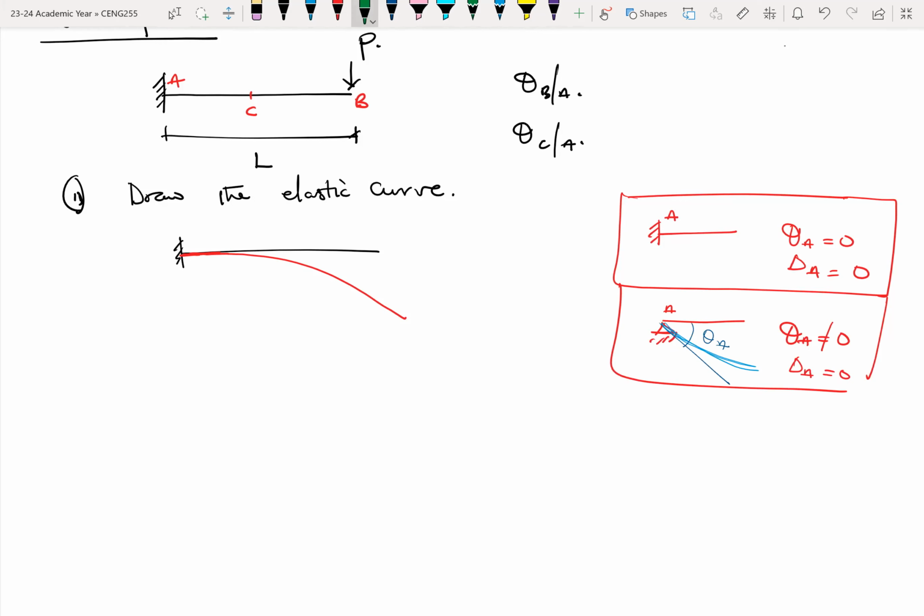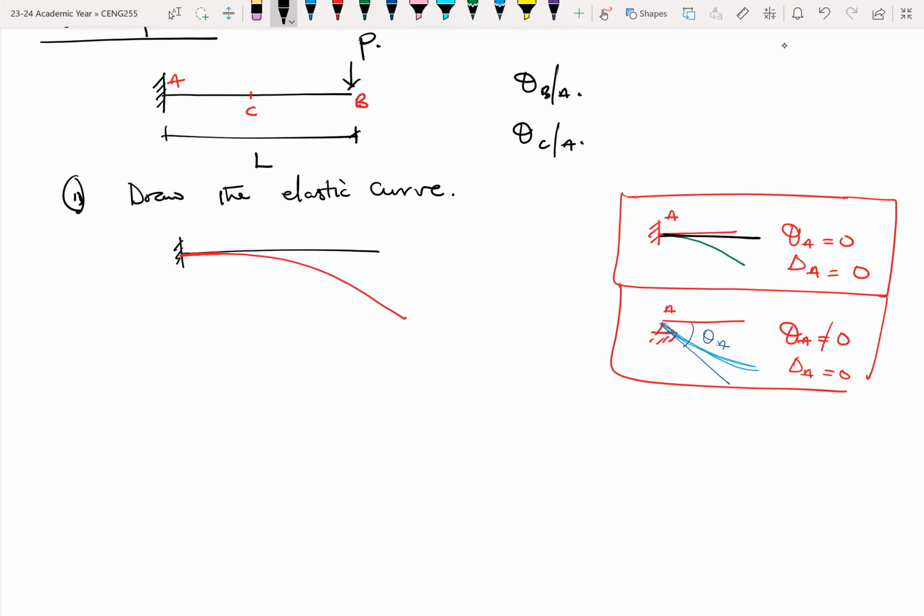Whilst in the case of the fixed support, this is how your tangent looks. If you draw the tangent at A, it would end up being a straight, horizontal line.